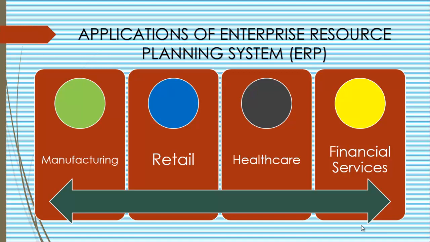Then, under healthcare, the enterprise resource planning system can be used to manage patient information, medical records, and even billing processes. Then in financial services, the enterprise resource planning system can be used to manage financial operations such as accounting, budgeting, and even financial reporting.